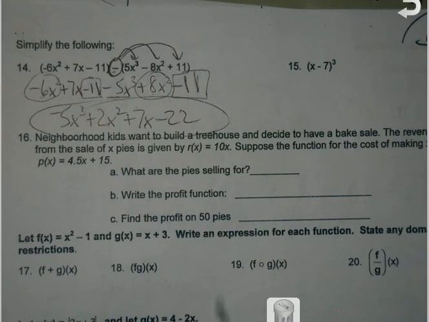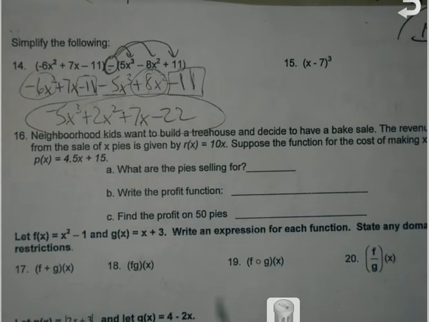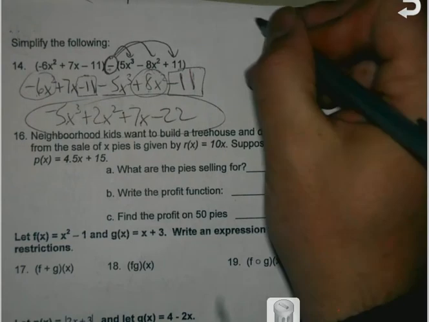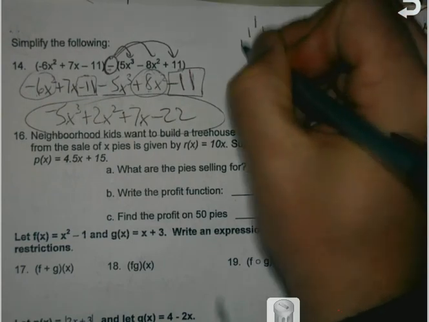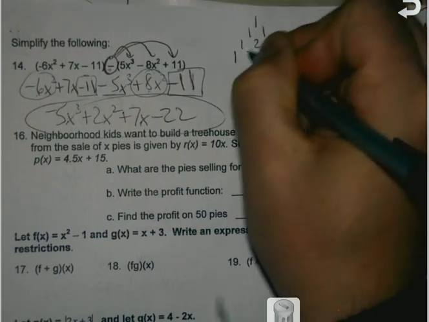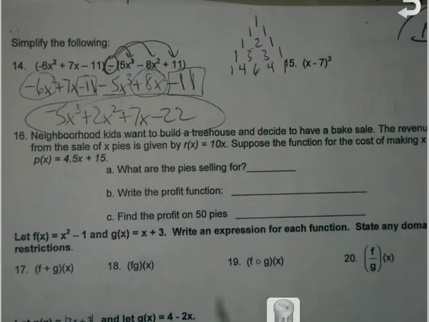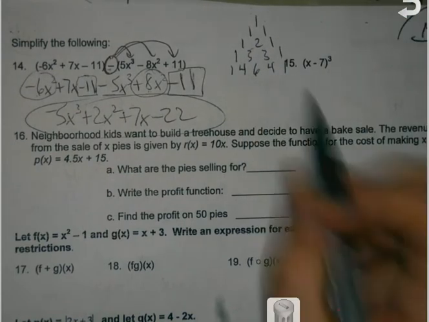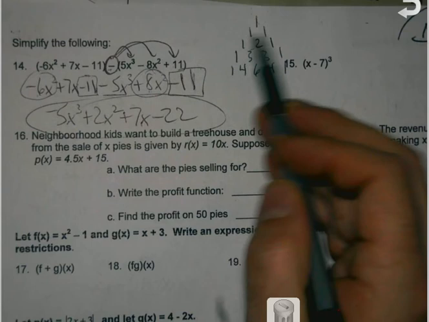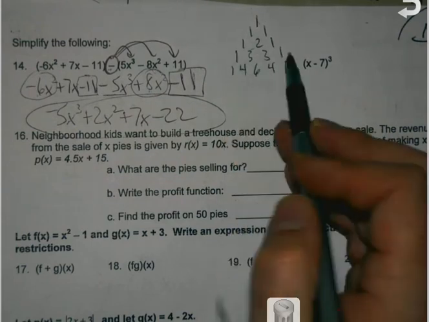Now again, could you write out x minus 7 three times, FOIL it out, and then distribute it out again? You could. I really don't want you to have to do that. So remember, with my Pascal's triangle, if I can build my triangle up, so this is my 0, 1st, 2nd, 3rd.